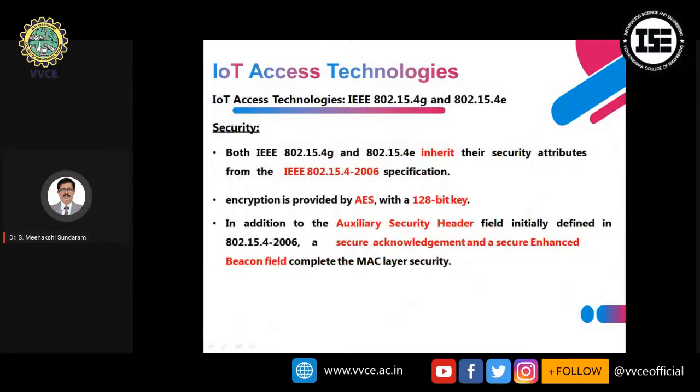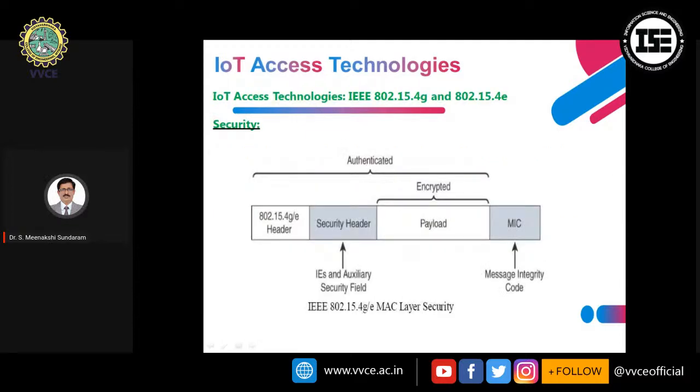Talking about security, it inherits the security attributes from the 802.15.4 2006 specification. Encryption is provided by the AES standard 128-bit key. In addition, there is an auxiliary security header field initially defined in the 2006 standard, a secure acknowledgement and secure enhanced beacon field complete with the MAC security.